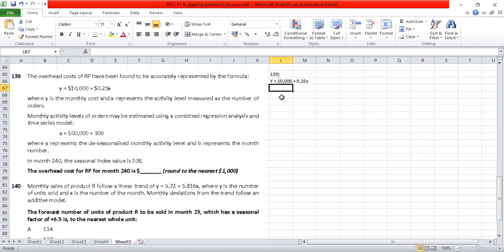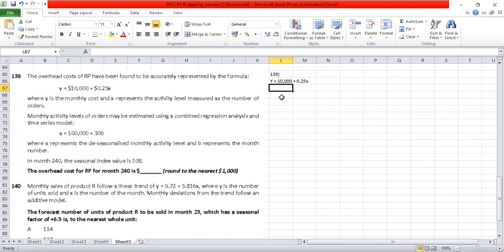The question finally asked is to find out the overhead cost for RP for month 240. The equation is given as $10,000 plus 0.25x, where x represents the activity level measured as the number of orders.